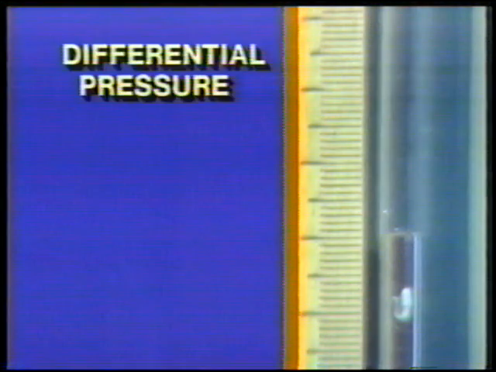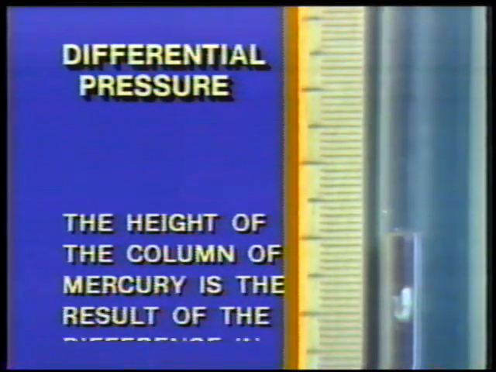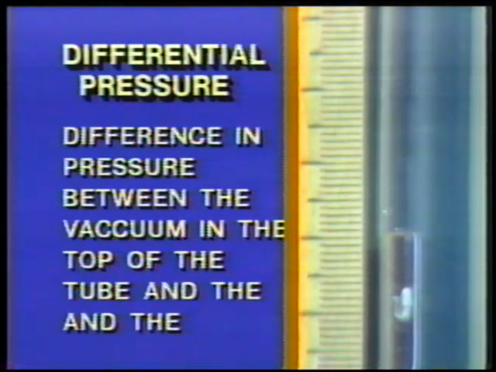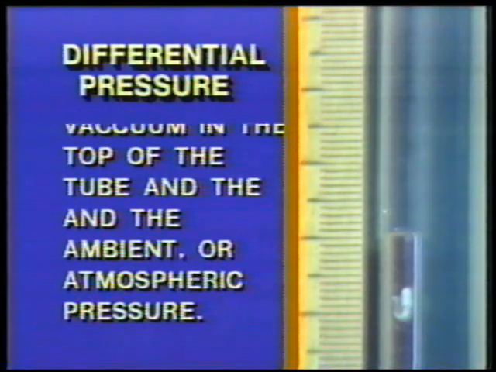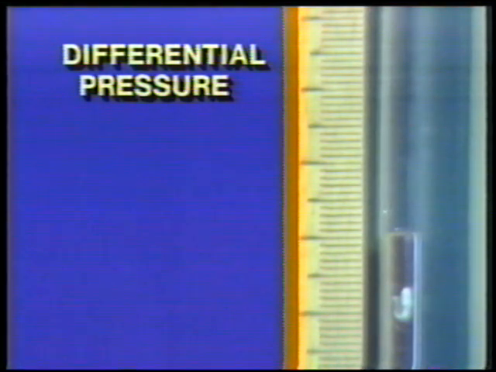The process used to measure the atmospheric pressure in inches of mercury illustrates an important principle, without which there could be no flight. That is, the principle of differential pressure. The height of the column of mercury is the result of the difference in pressure between the vacuum in the top of the tube and the ambient or atmospheric pressure.